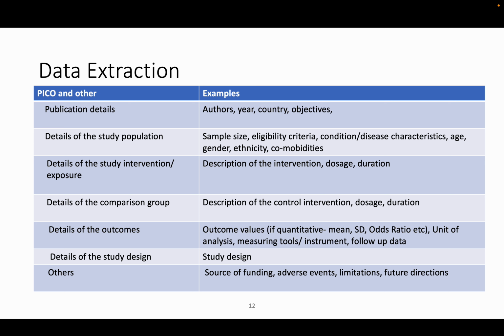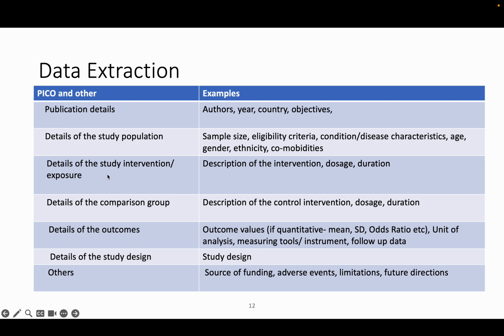If it is a drug, okay, drug A, B, C, what it is. And then how long the intervention was there, like a week or 2 weeks, 1 year, 2 years, likewise. And the dosage, like for example, if it is an exercise, how many repetitions were there. And you have to extract similar details for the comparison group as well.